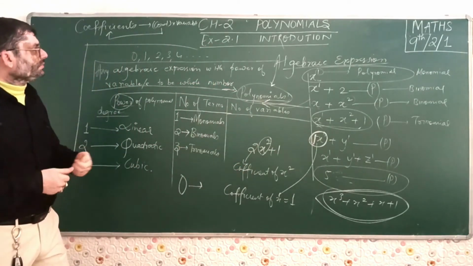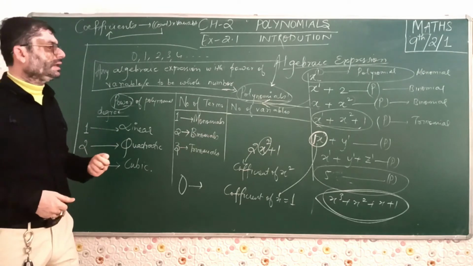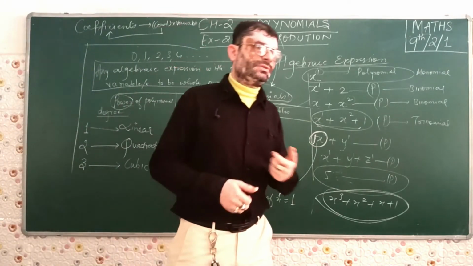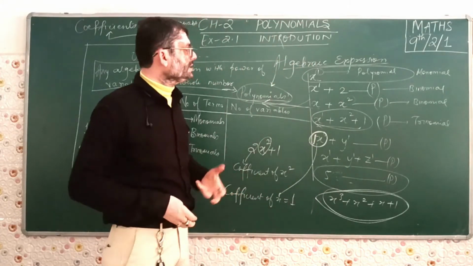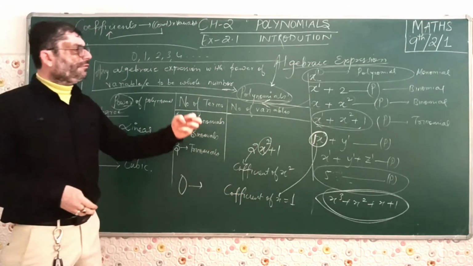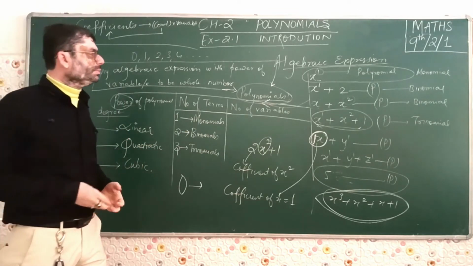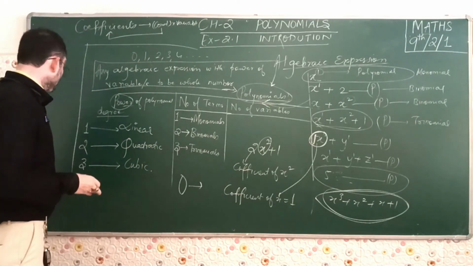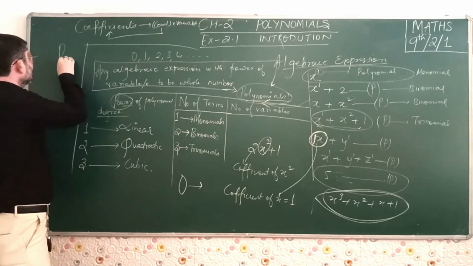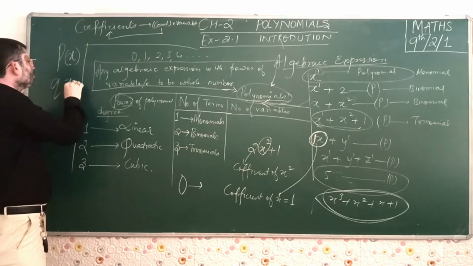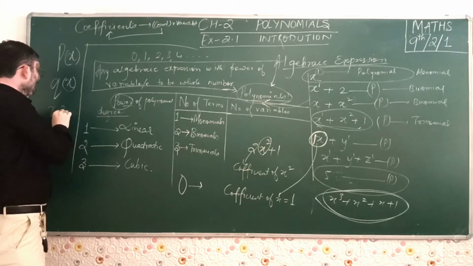So lots and lots of things in polynomials we will have to go through, where various algebraic expressions can be categorized. In general, if a particular algebraic expression is a polynomial, we always give it a name. We can write that polynomial as p of x, or q of x, or r of x.